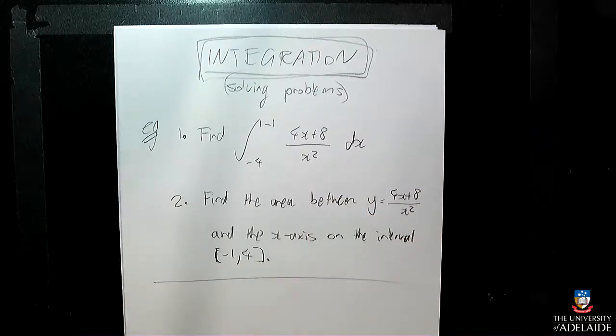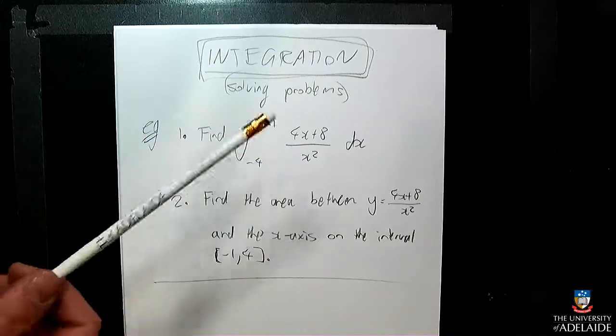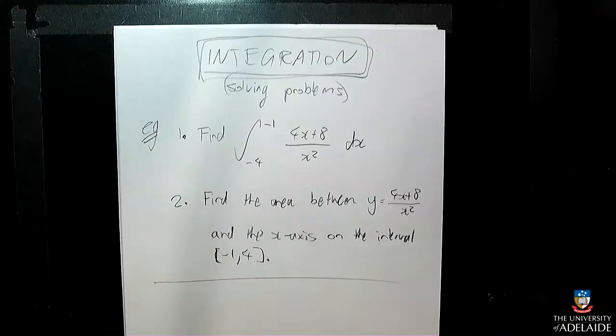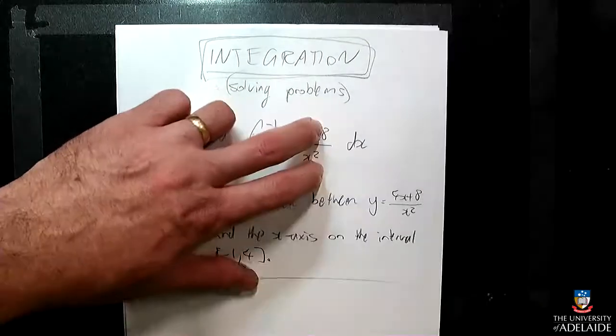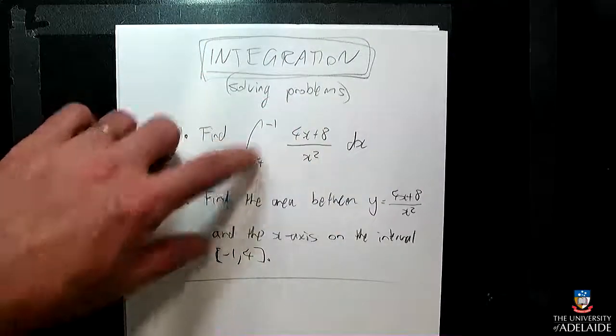Okay, so at first glance you might think these are the same thing, but they're not. Integrals are able to represent areas, but areas are not quite the same thing as integrals. If you look at the other videos, this integral means sort of like a weighted sum of the values of this function for every number between -4 and -1.